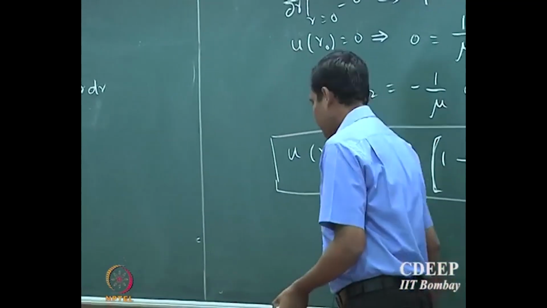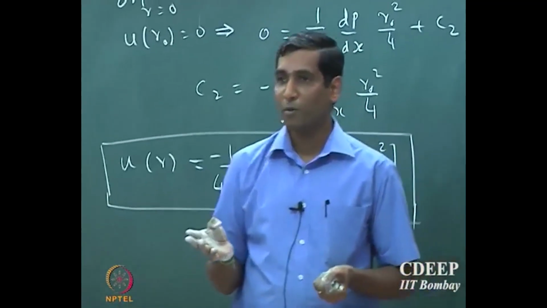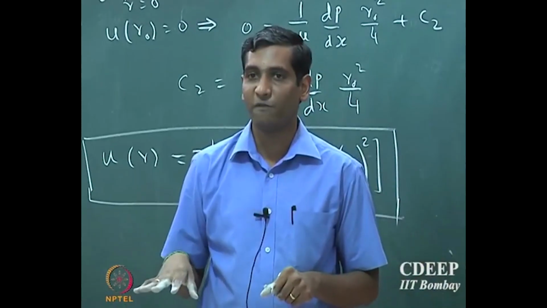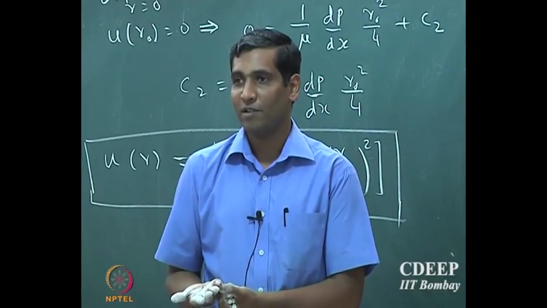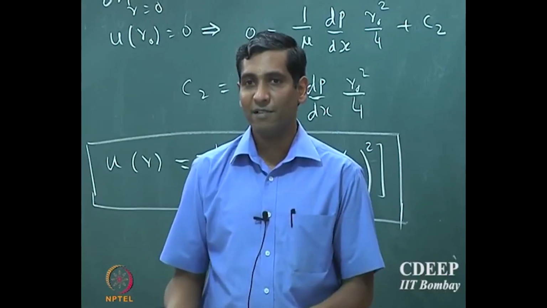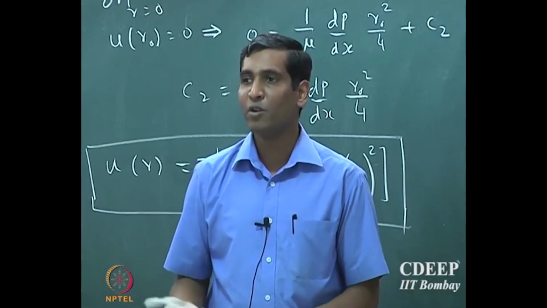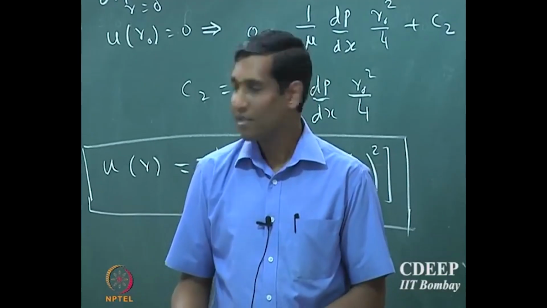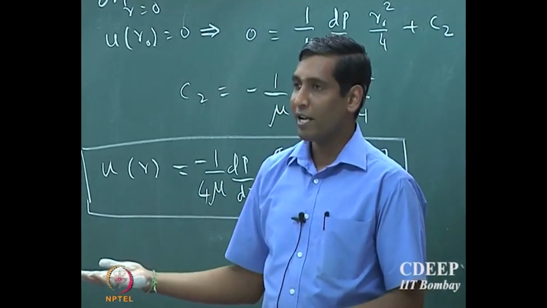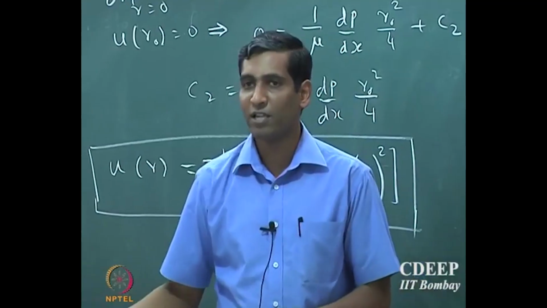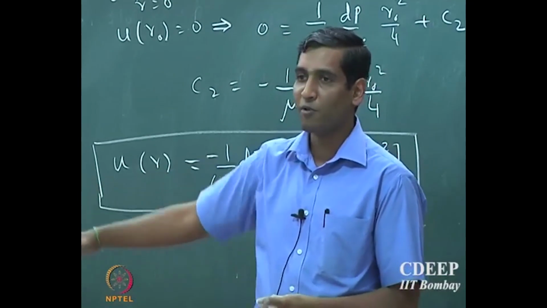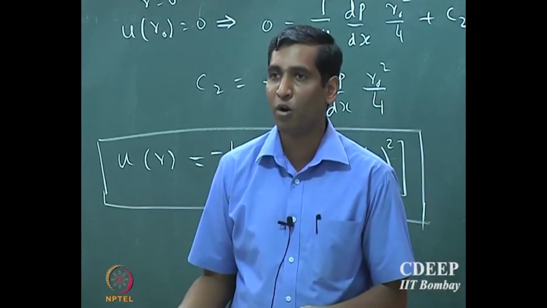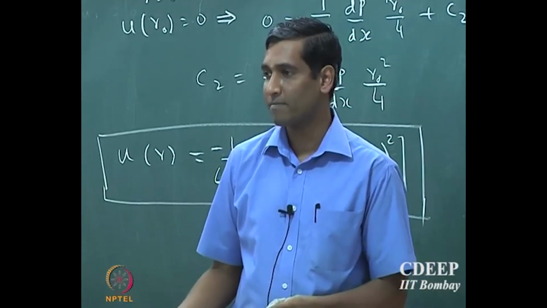Okay, so now the purpose of all this exercise, remember that in this course the purpose is to find the heat transport coefficient and the mass transport coefficient. So what we are really interested in is the thermal boundary layer and the concentration boundary layer. Okay. But the momentum boundary layer has a strong effect on the thermal and the concentration boundary layer. So once we know the velocity profile, now we can proceed and find out its effect on the thermal boundary layer.